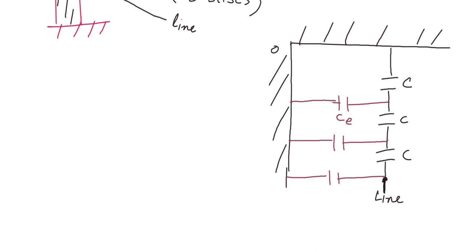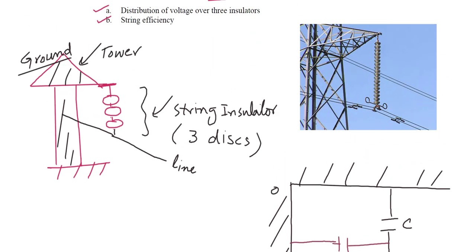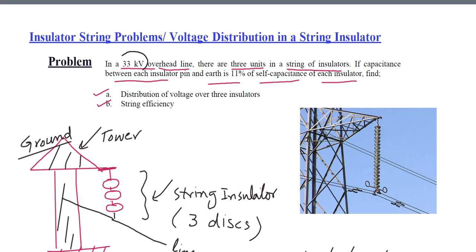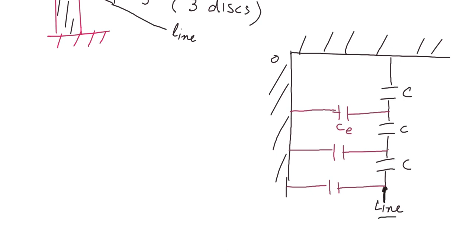Now we are given the condition here. We are given a 33 kV line. Always when we talk about a three-phase system, we are given the three-phase line-to-line voltage. But here we are talking about only one phase, so we convert it into phase voltage, V phase.